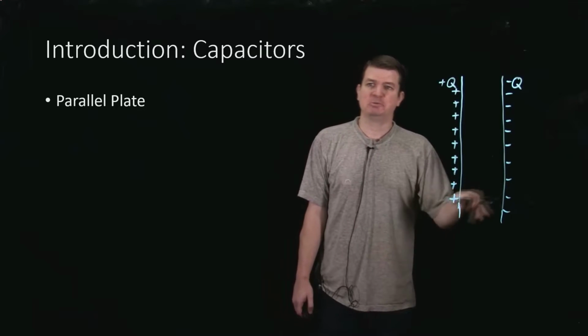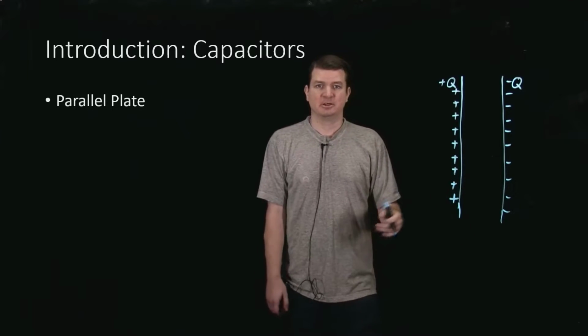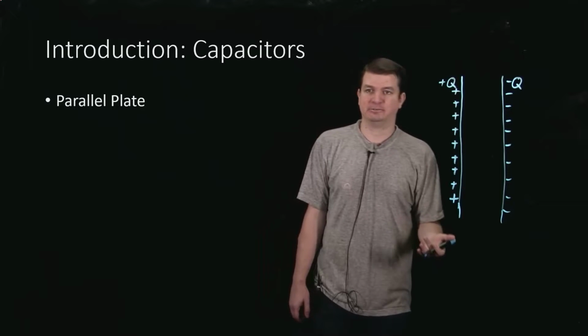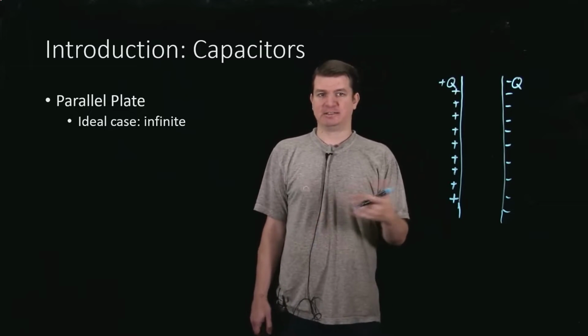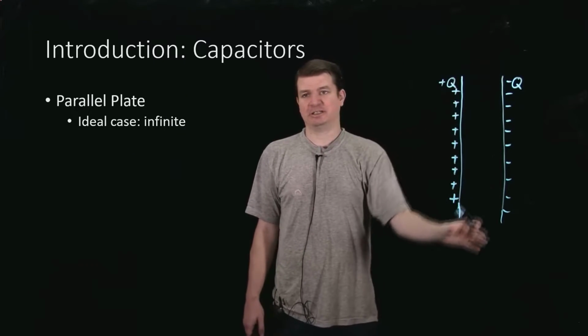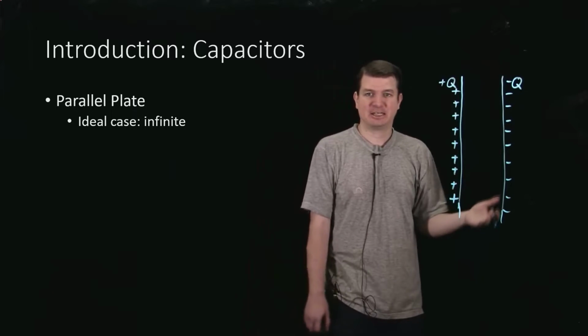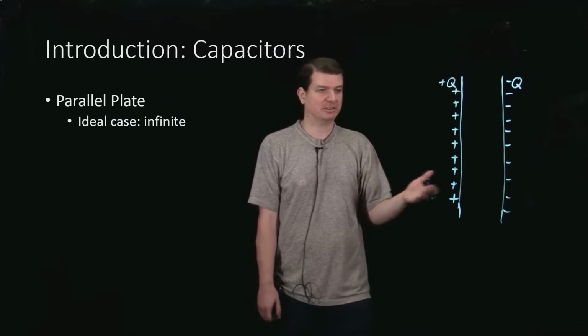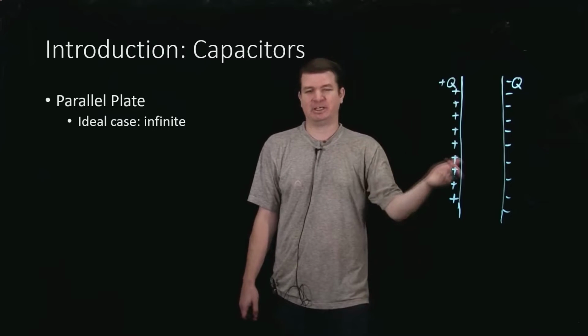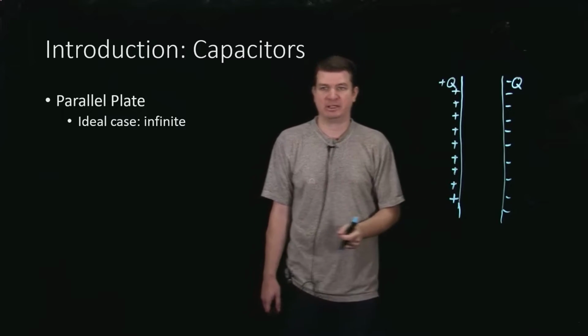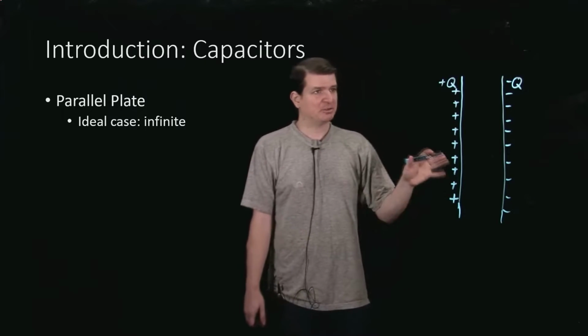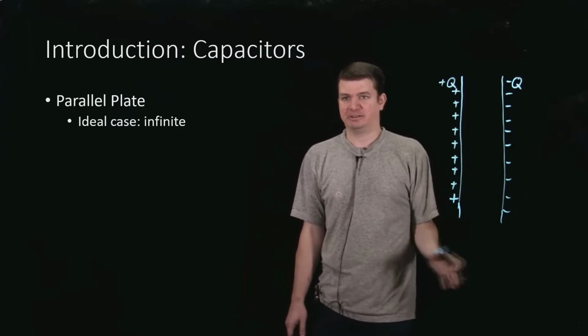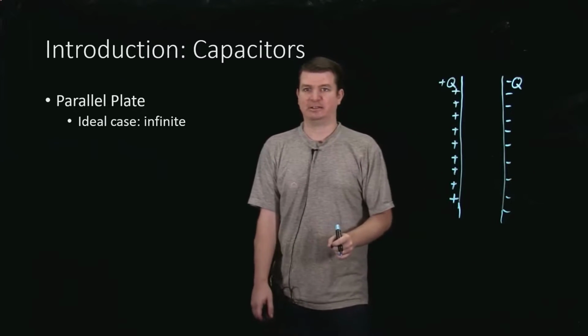That's because whenever we talk about parallel plate capacitors, we have in mind a so-called ideal case, and the ideal case is that the plates themselves are actually infinite. Now that sounds pretty ridiculous. Nobody could actually build infinite plates, so why would we ever care about them? Well, it's because we don't actually mean infinite. They don't have to be infinitely large.